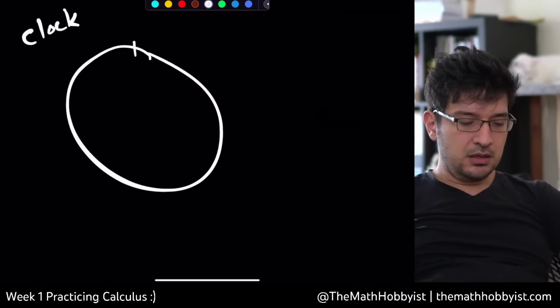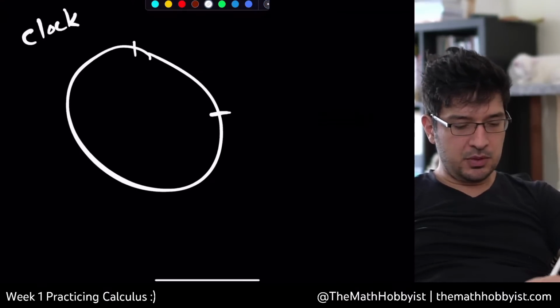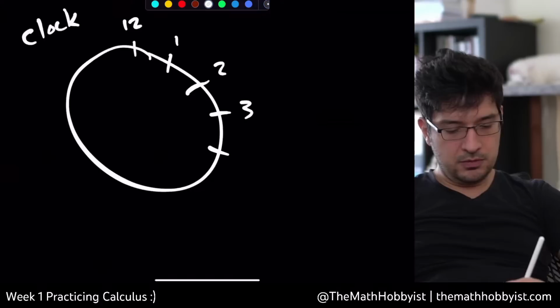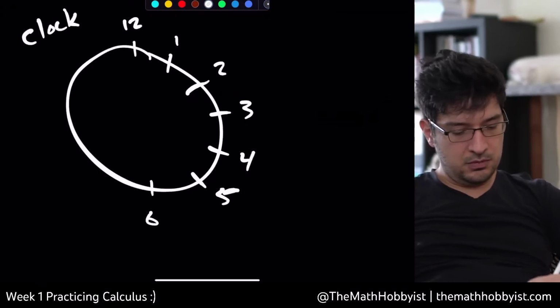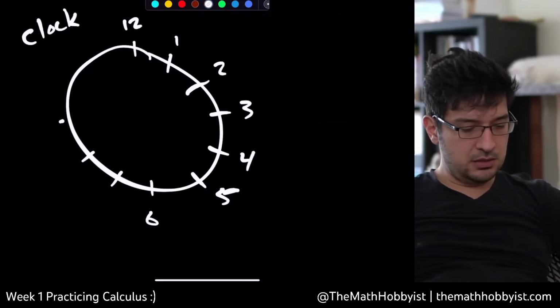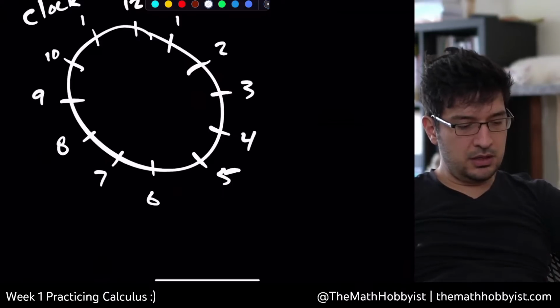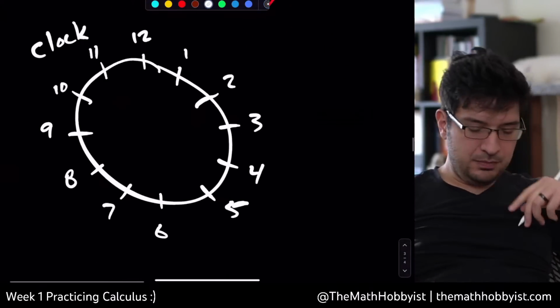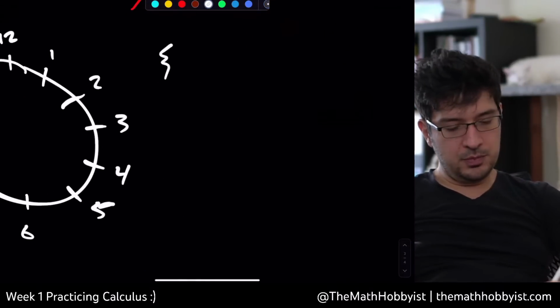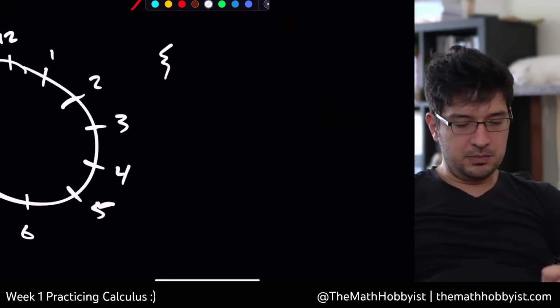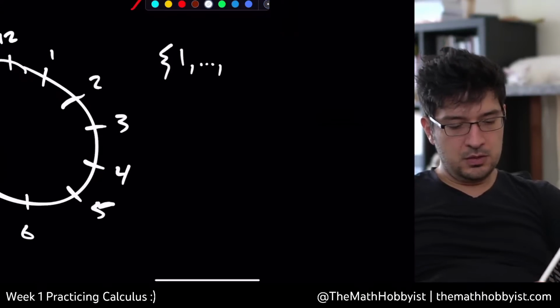Okay? I'm an American, so a clock in time only has 12 hours. 12, 1, 2, 3, 4, 5, 6, 7, 8, 9, 10, 11, 12. Right? These are the numbers, not 0, 1 to 12.